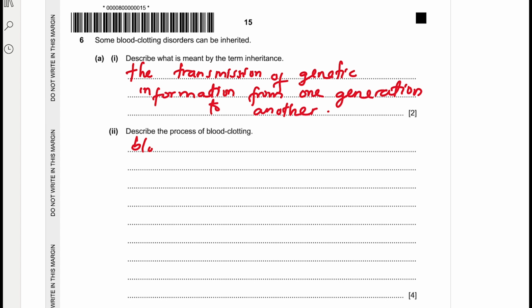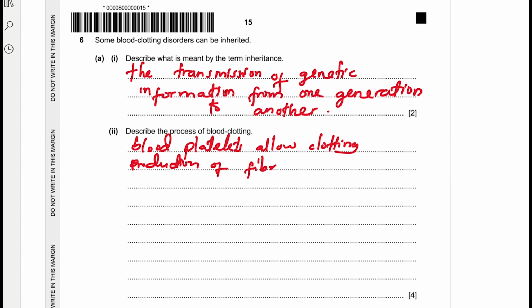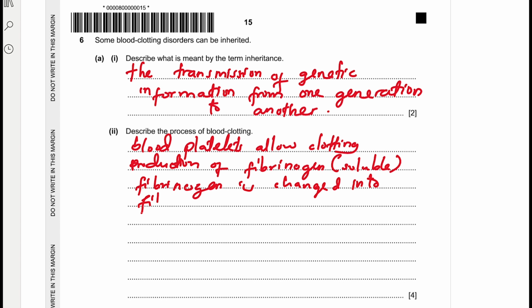So blood platelets allow clotting. How so? Through production of fibrinogen, which is soluble. Then again, fibrinogen is changed into fibrin, and you know that fibrin is insoluble.